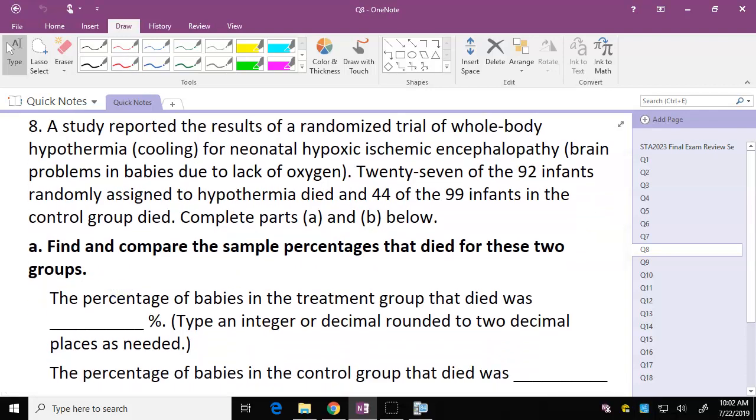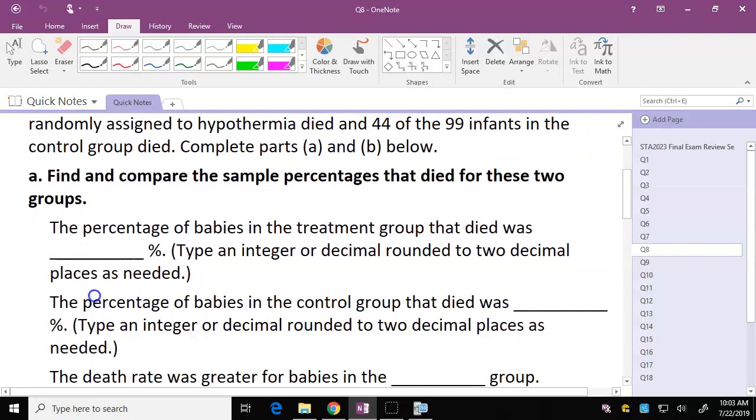So it says, a study reported the results of a randomized trial of whole body cooling, which of course I can say hypothermia, for brain problems in babies due to a lack of oxygen. 27 of the 92 infants randomly assigned to hypothermia died, and 44 of the 99 infants in the control group died. So we're going to complete parts A and B.